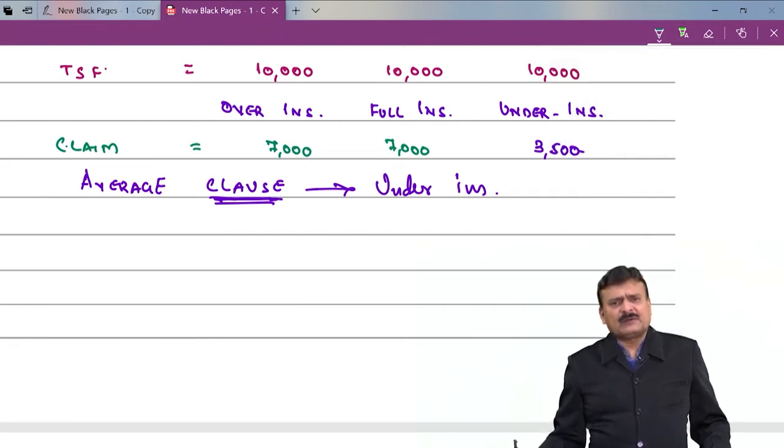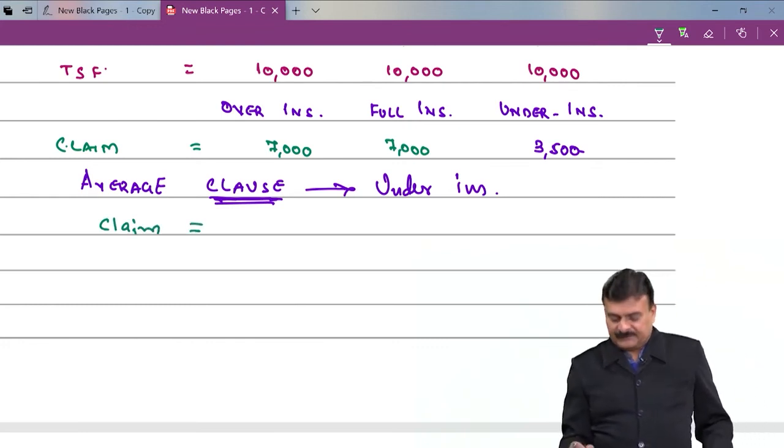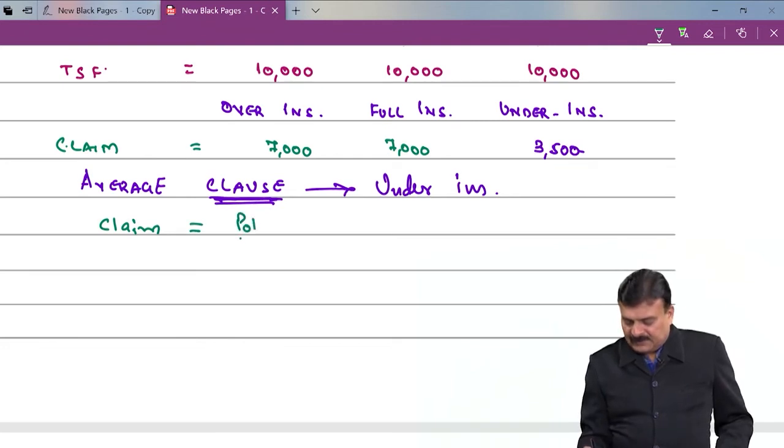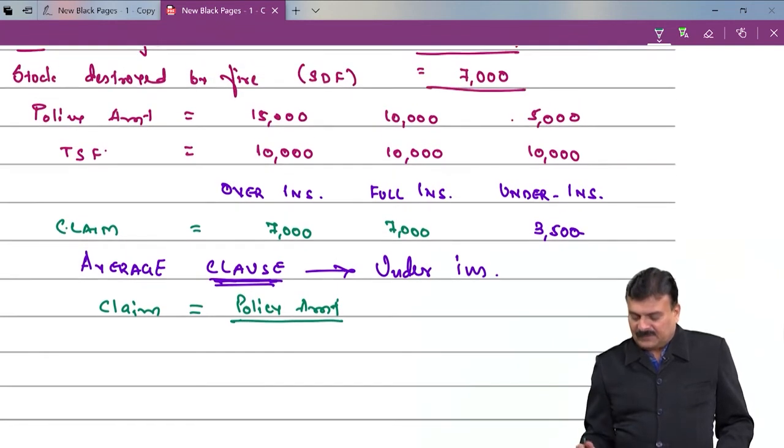This 3,500 which we calculated, let's convert it into a simple formula. How did we get that? So, claim under average clause is equal to, I will write in the numerator policy amount, in the denominator I will write the amount of TSF.